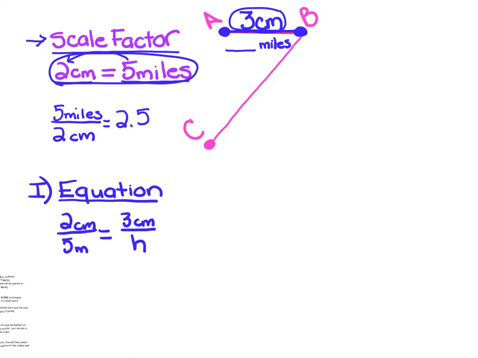This type of equation is called a proportion. You drop a dotted line and you can cross multiply and solve for the variable H. That's our first technique.